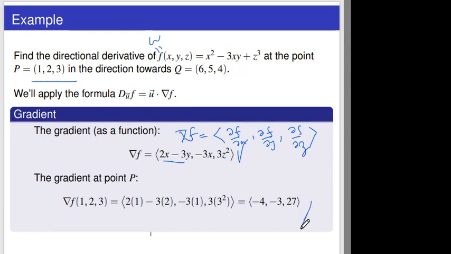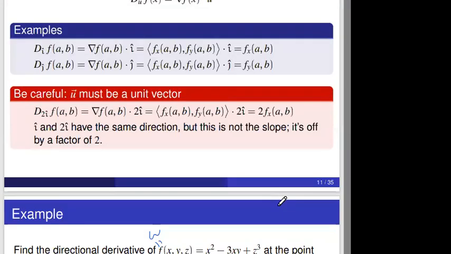You get this constant vector. So this is the gradient of f evaluated at point P, which is this constant vector. Okay, we computed that bit.